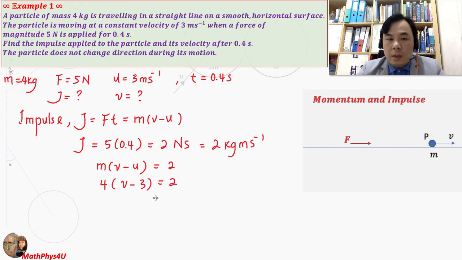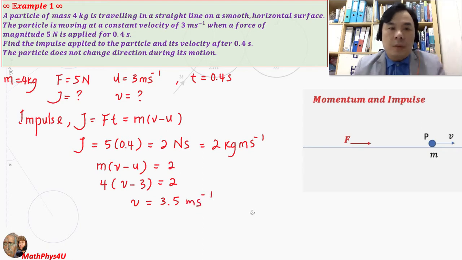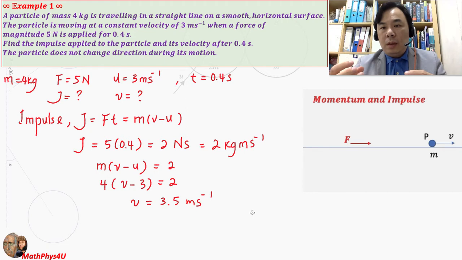Therefore, you get 3.5 meter per second. So from here we found that after the force has acted on the particle, it gains kinetic energy. It speeds up to 3.5 meter per second.